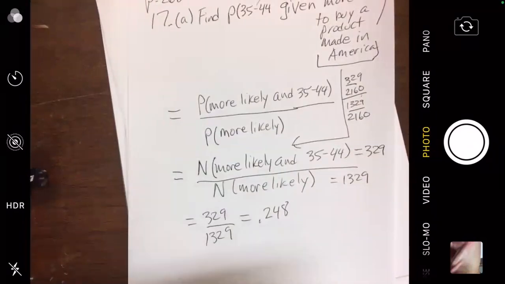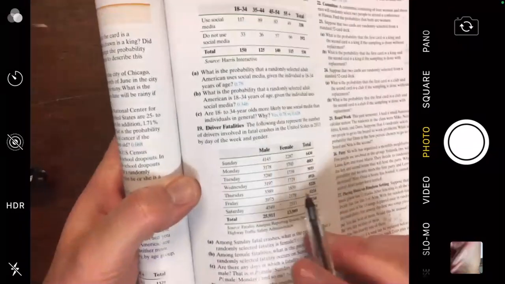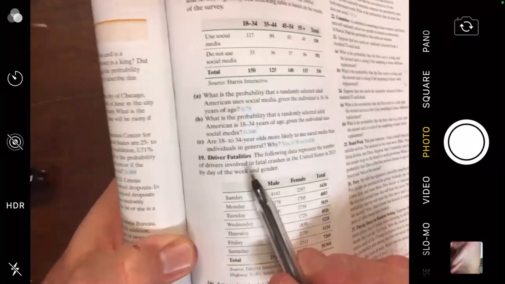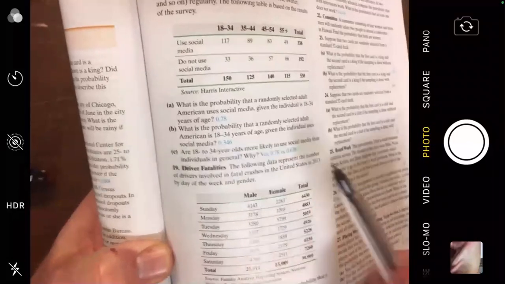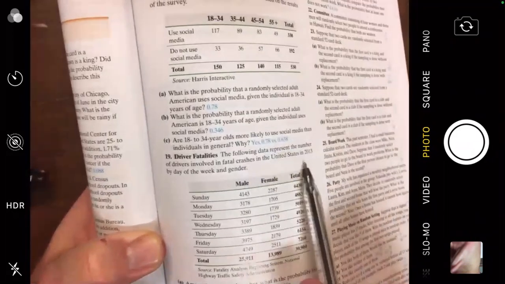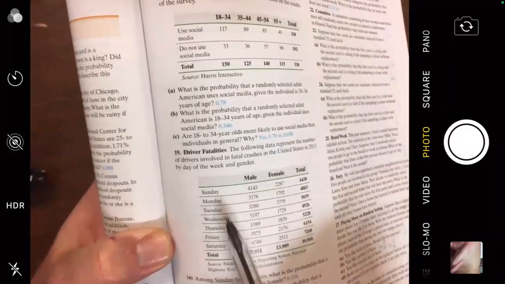Why don't we try another one like 19, maybe the first part of 19. There's a real uplifting problem, cheerful, driver fatalities. So they've broken down the number of fatal crashes in 2013 by gender, male and female, and by the day of the week.